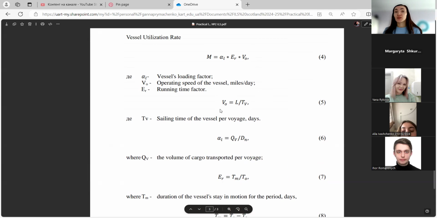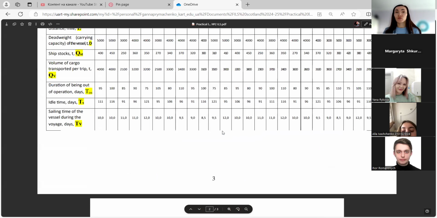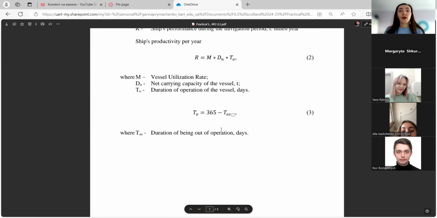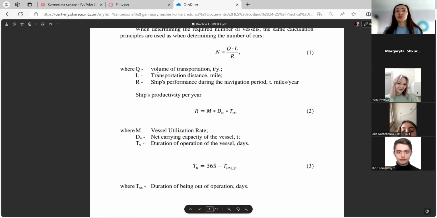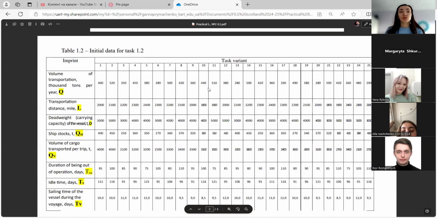So we write V with index O, the operational speed, is equal to such parameter as L. We find what it means in our formulas. Yes, it is the transportation distance in miles. Find it in our table 1.2. It is the second parameter, transportation distance in miles. If you have first variant, it is 2000 miles. If you have second variant, it is 2100 miles, and so on.